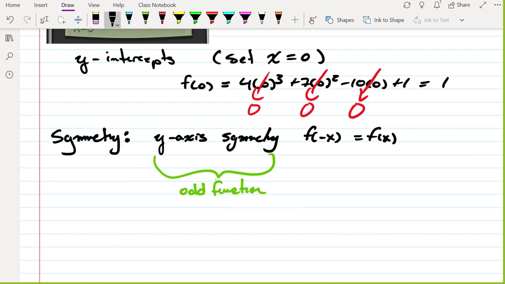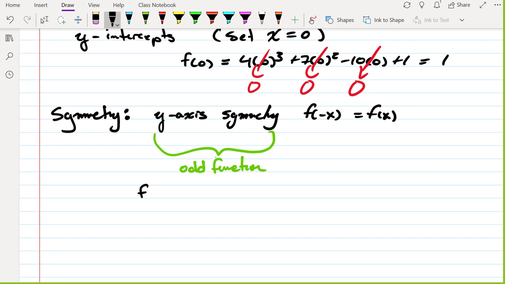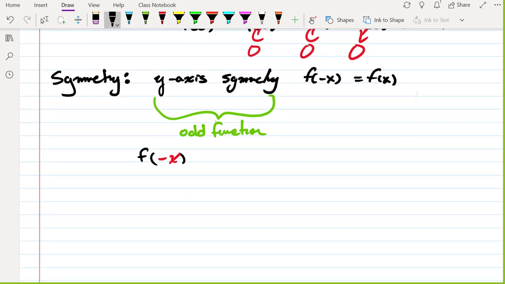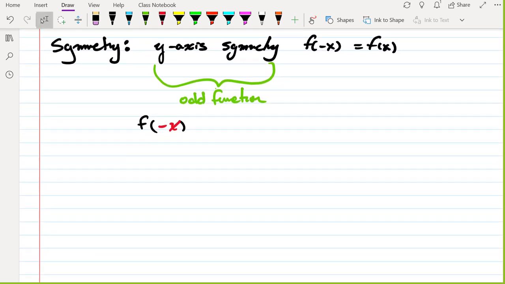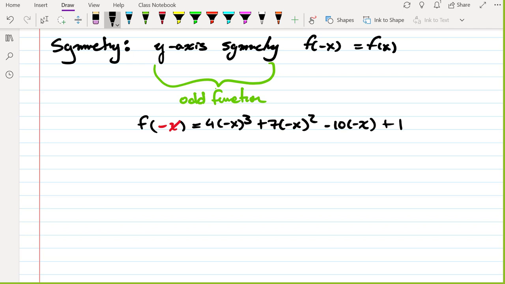So if we replace x with negative x, we're going to have f of negative x is equal to 4 times negative x cubed plus 7 times negative x squared minus 10 times negative x plus 1. And if we have a negative x times negative x times negative x, that gives us a negative, so we get negative 4x cubed.